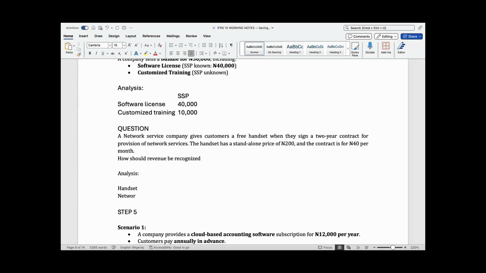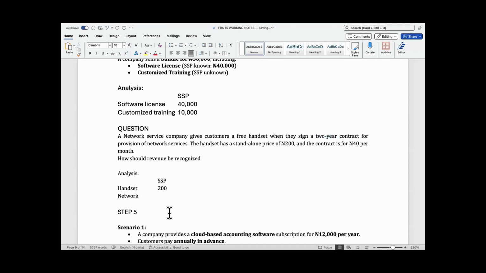I think we discussed something like this earlier on. And the network. So what's their SSP, their standalone selling price? The standalone selling price for the handset is 200 naira. The standalone selling price for the network is 40 naira per month and is a 2 years contract.